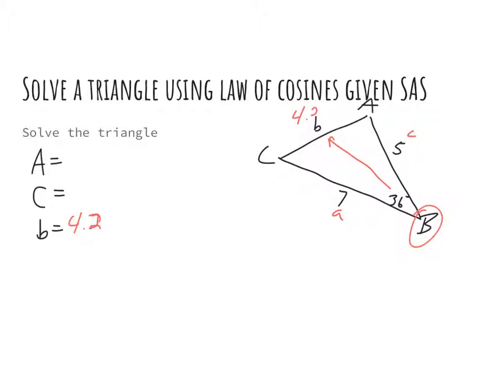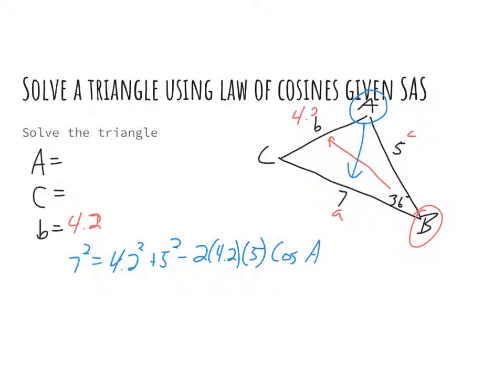What we can do to find angle A is use side A. So we're going to have 7 squared is equal to B squared plus C squared minus 2 times B times C times the cosine of A. What I need to do first is do all of these individually. 7 squared is 49. 4.2 squared is 17.64. 5 squared is 25. 2 times 4.2 times 5 gets me 42.